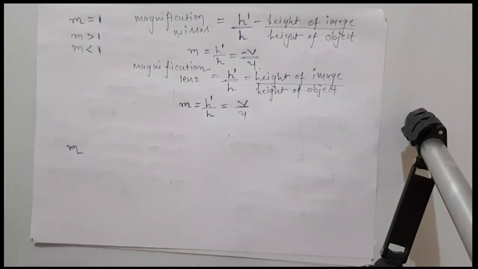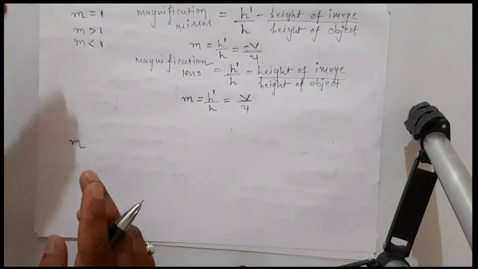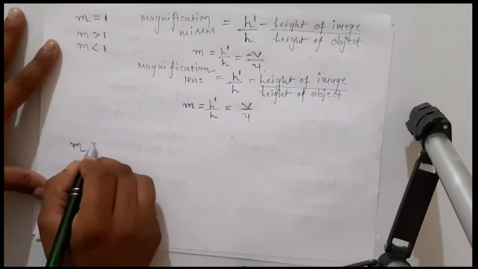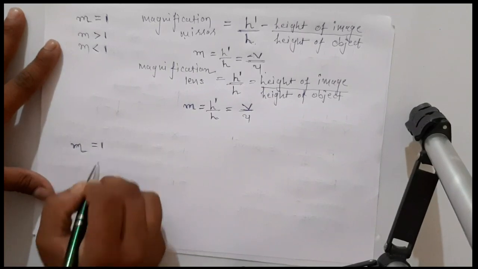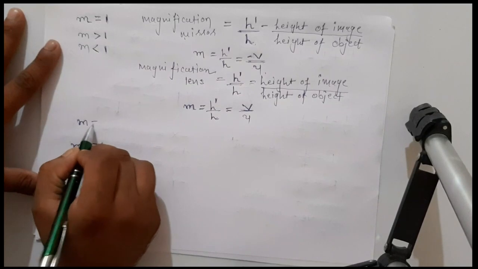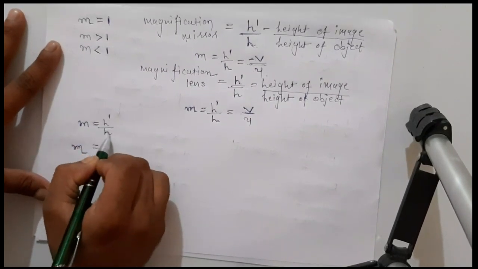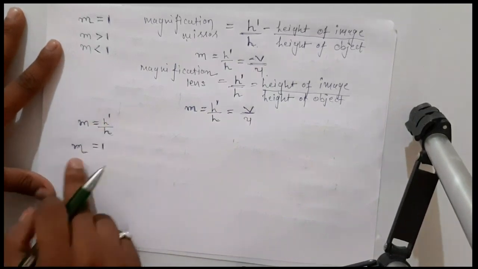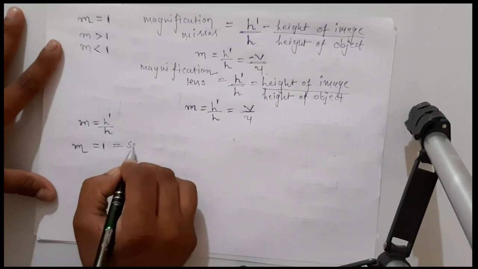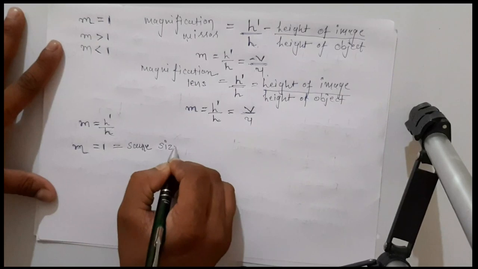When m is equal to 1, and m is h dash upon h, when both are the same, we will have the same size of our image.